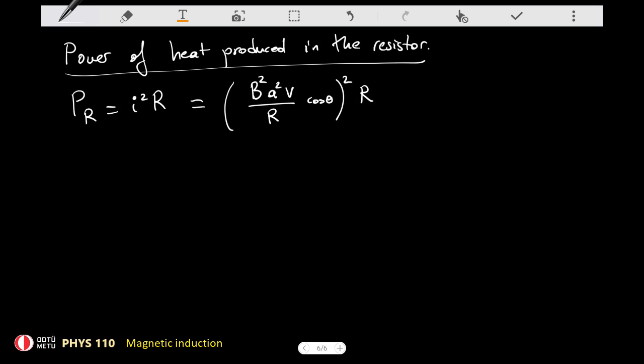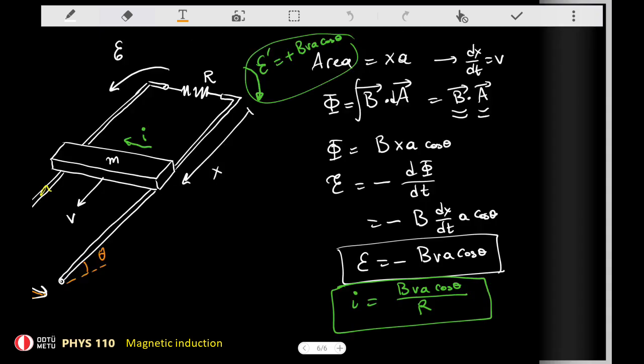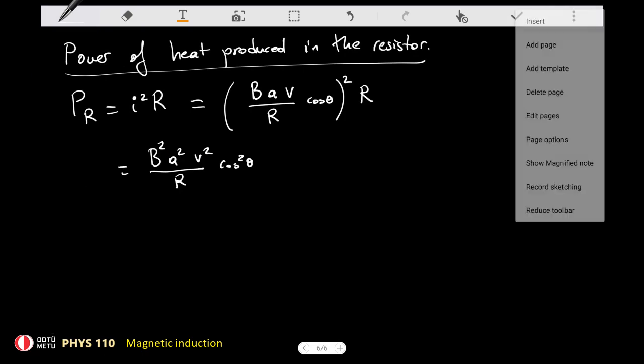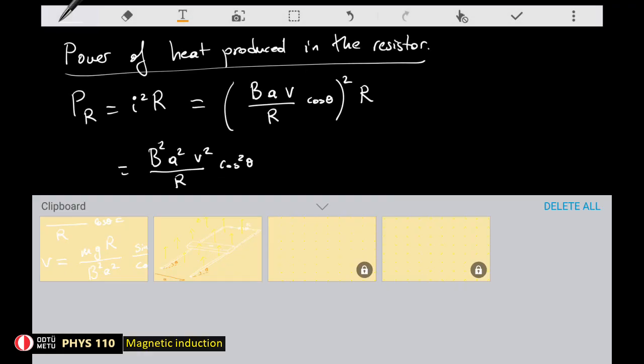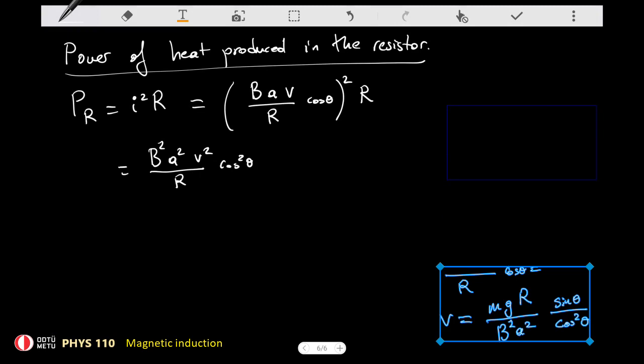Was it like that? No, it wasn't. No squares in here, but let me check in any case, because this is BVA cosine theta over R, yes. So this is the expression. Therefore this is B squared A squared V squared over R times cosine squared theta. I think I need this equation now. It's in here.